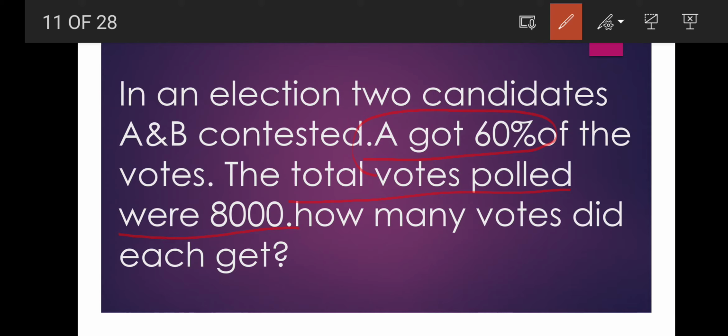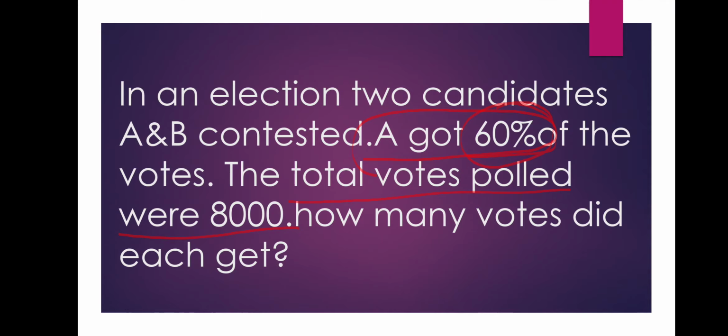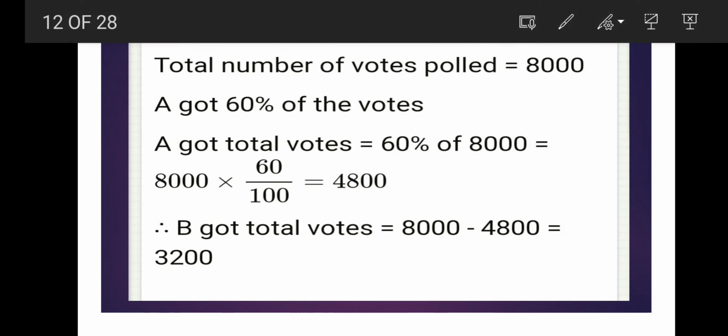How many votes did each get? So two candidates were there. Here also it is given in percentage form, not in exact numbers. We have to find the number of votes got by each candidate. Clear? So first, from the question we can find the number of votes got by A. So this will be 8,000 into 60 by 100, and whatever we get, that will be for A, and then we subtract that number from 8,000 to get B's votes.